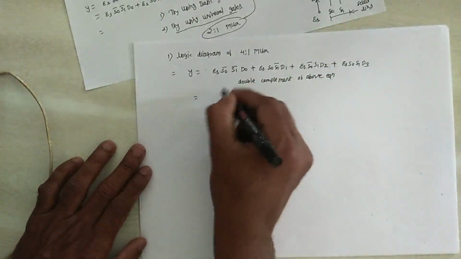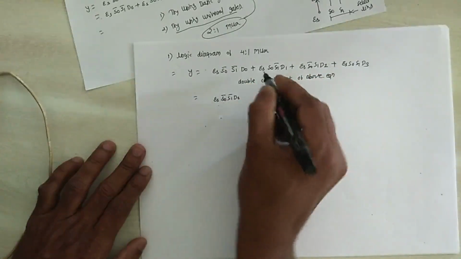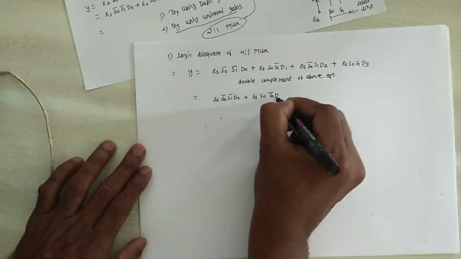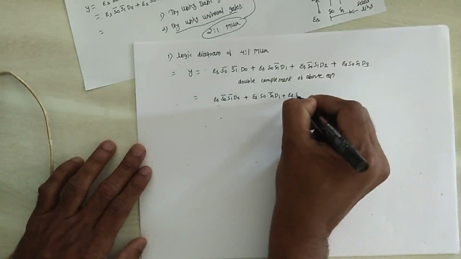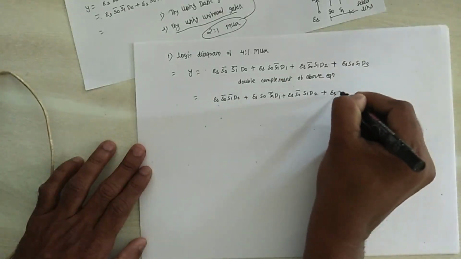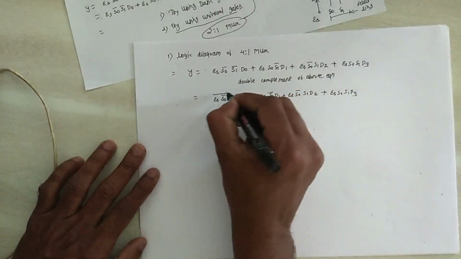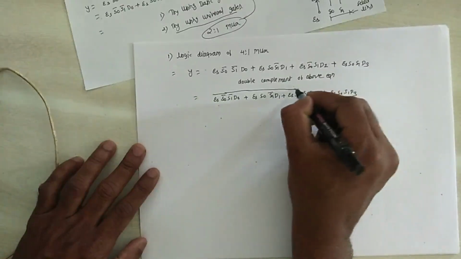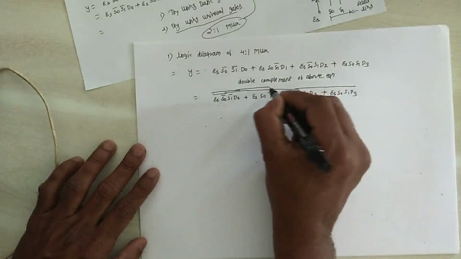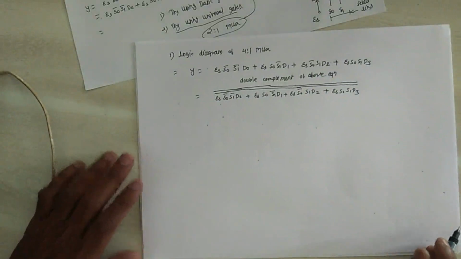Then the equation becomes S0 complement S1 complement D0 plus S0 S1 complement D1 plus S0 complement S1 D2 plus S0 S1 D3, and its double complement. This is called the double complement of the above equation.